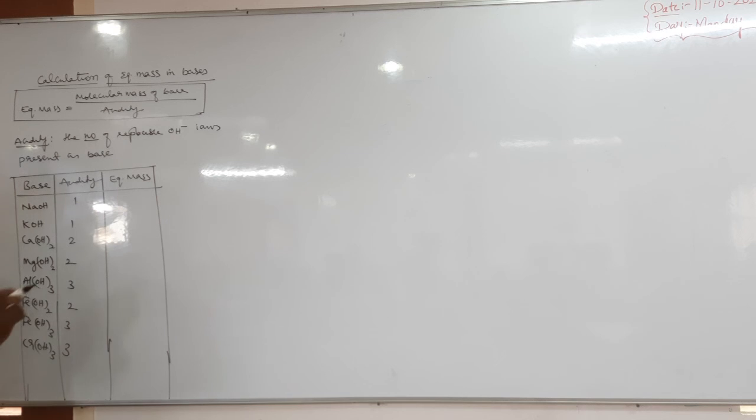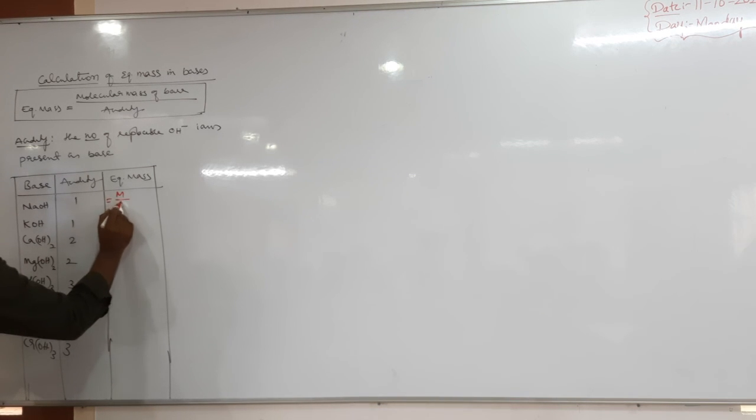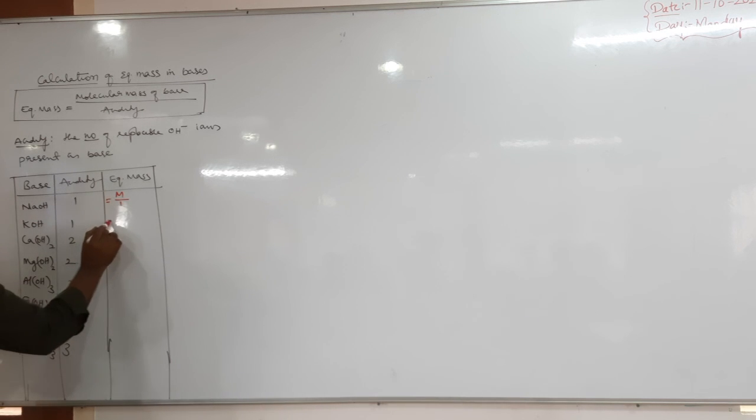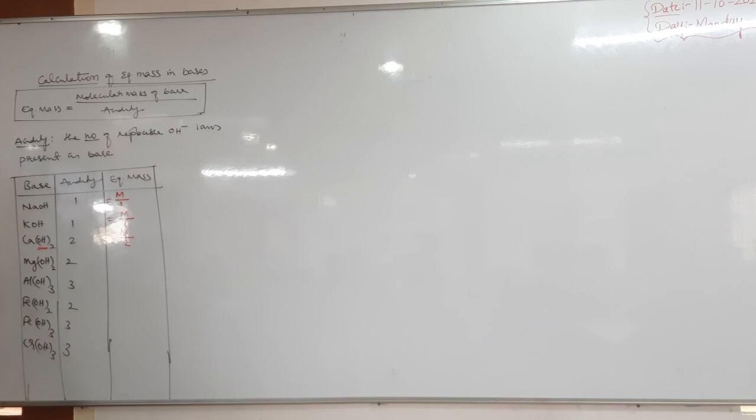Okay, then equivalent mass. To calculate equivalent mass, again we have to calculate molecular mass. Let us take molecular mass as M. For NaOH it is M by 1. In case of calcium hydroxide, it is M by 2, because 2 OH minus ions are replaceable. In case of bases having 2 or 3 OH, all OH are replaceable, right?